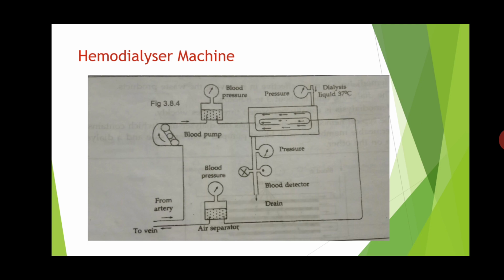Using the blood pump, the blood is pumped into a number of planar sheets of cellophane or membranes which are pressed together in a frame. Blood flows in the alternate spaces and dialysis fluid flows in the others.